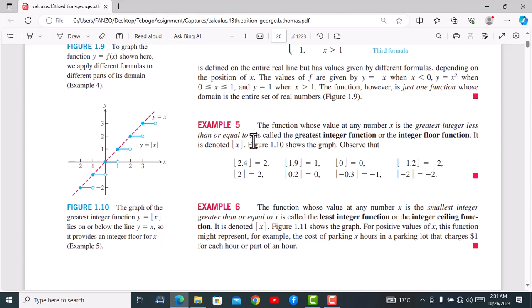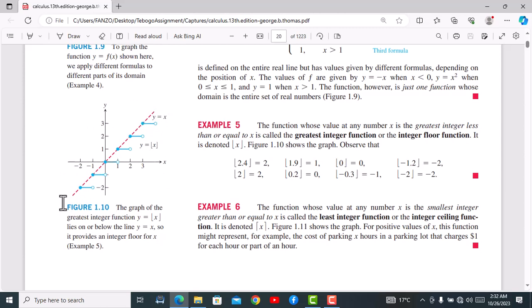The greatest integer less than or equal to x, and there it is. We have values that are equal to x or bigger than x. And this is what we call the greatest integer function.